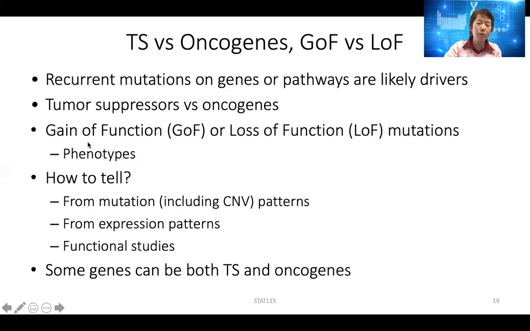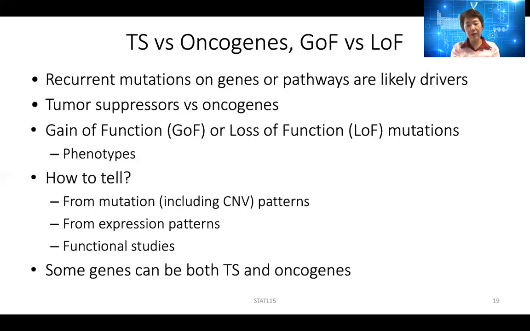And very often when a gene is recurrently mutated, it could be a gain of function mutation or a loss of function mutation. For example, very often in tumors you see a gain of function mutation on oncogenes, which means this gene normally can drive cell growth, but it needs some external signal, usually a growth hormone receptor signal, to turn on.